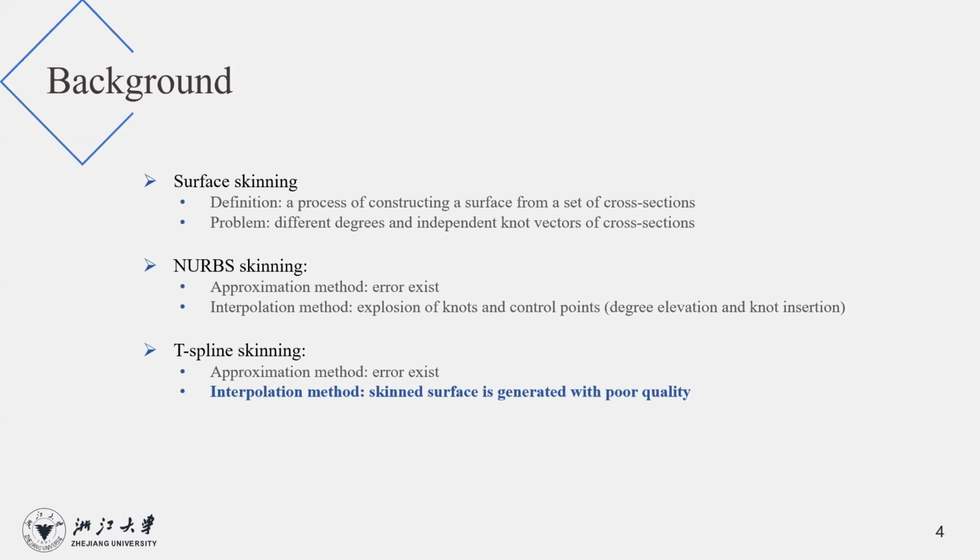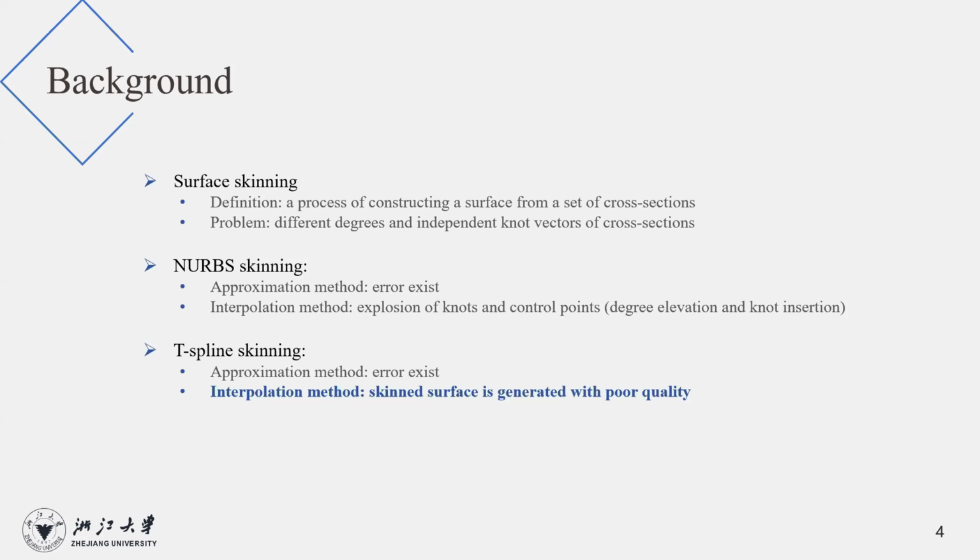For the former, the skinned surface will be generated within the error bounds. To ensure the skinned surface can interpolate the given curves, several interpolation scaling methods are developed. For example, degree elevation or node insertion are adopted to generate an interpolating skinned NURBS surface.